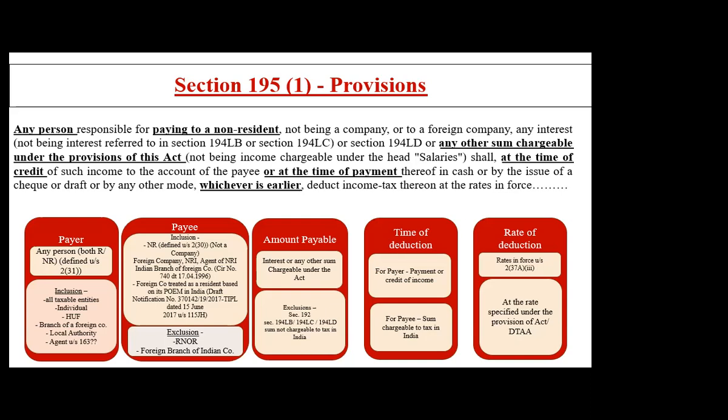But that doesn't stop the resident from deducting tax for a non-resident which is a foreign company, but which has become resident only because its place of effective management is in India.